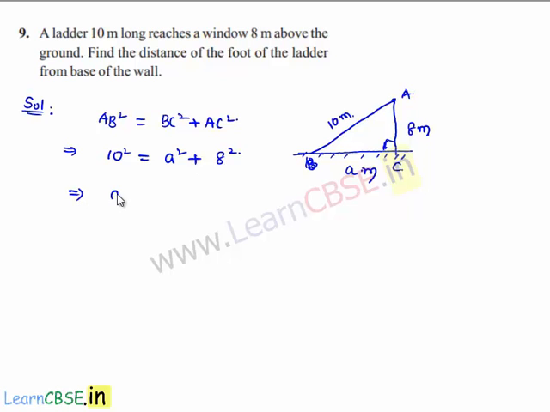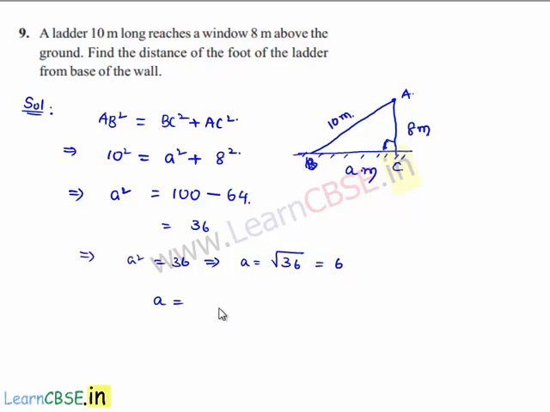That implies a square is equal to 10 square, which is 100, minus 8 square, which is 64. 100 minus 64 is 36. That implies a square is equal to 36, a will be equal to the square root of 36, that is nothing but 6.